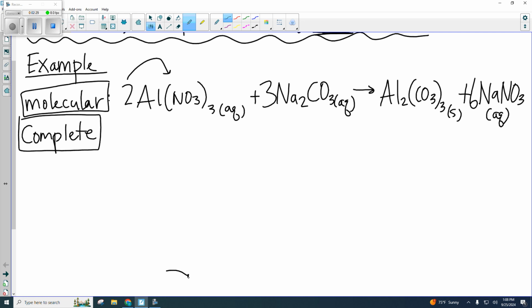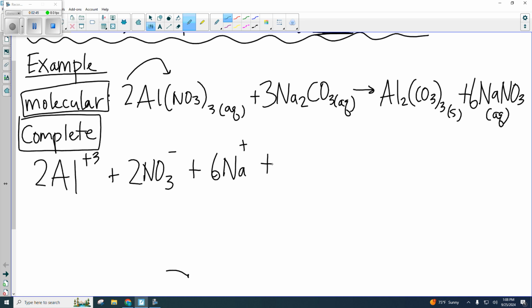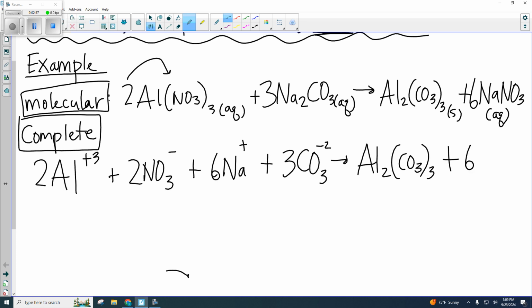So I have 2 aluminums, and we write the charge as a superscript, reacting with 2 nitrates. And we have 6 sodium ions reacting with 3 carbonate ions. And that is producing the aluminum carbonate precipitate. And 6 sodium ions plus 6 nitrate ions. Okay, so that's our complete ionic.